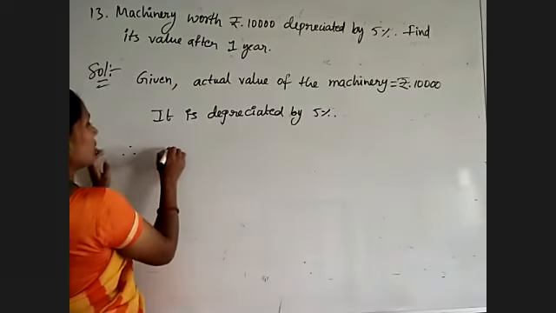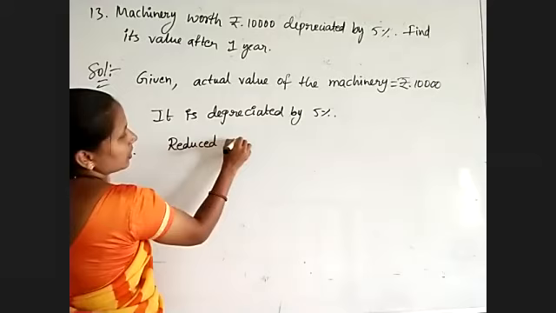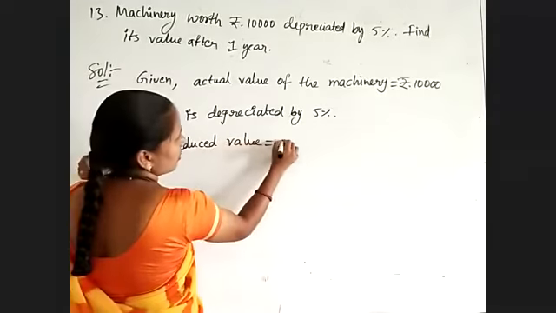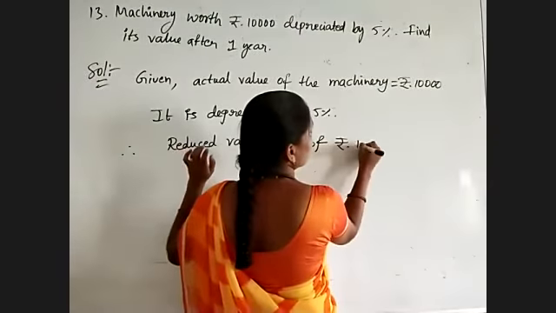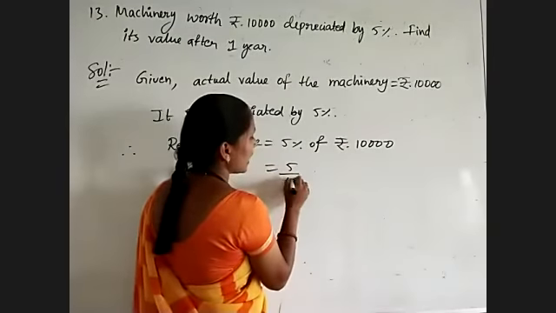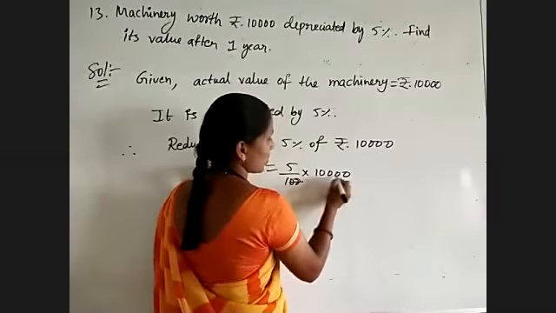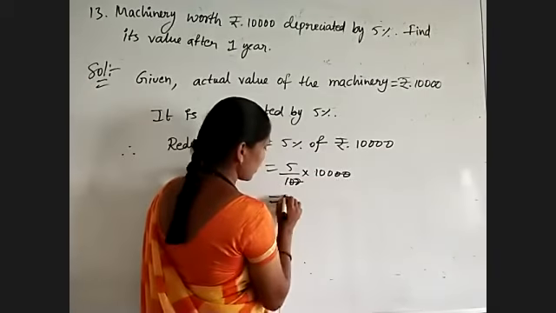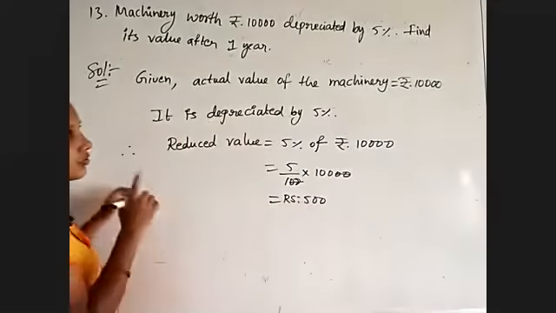Therefore, reduced value is equal to 5% of 10,000 rupees, which will be equal to 5 by 100 into 10,000. So two zeros will get cancelled, which is equal to 500 rupees. 500 rupees was reduced for 1 year.